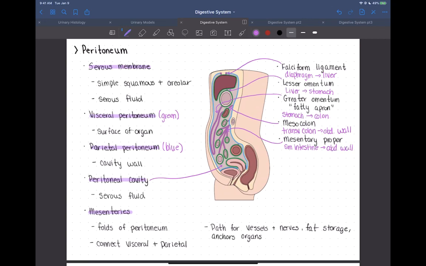And when you look at it in a dissection, right, if you're bold and you start pulling some of these organs out, if you pull one of these segments of the small intestine out, it almost looks like stained glass, right?